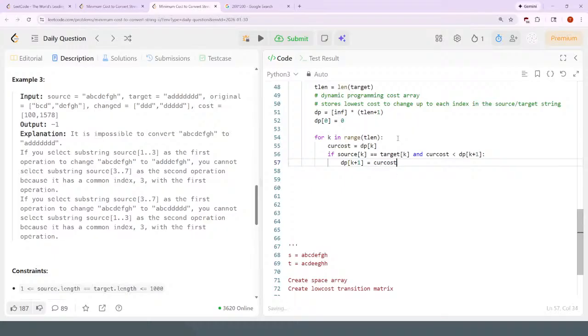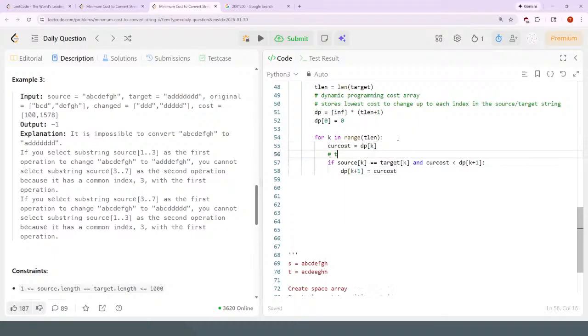So this is kind of the trivial case where no change needed. Same source and target letter, and then update cost if current is lower.